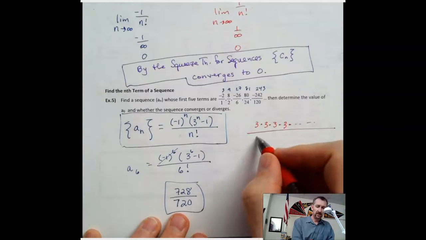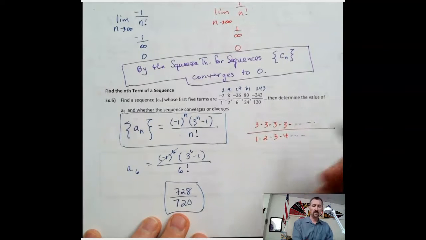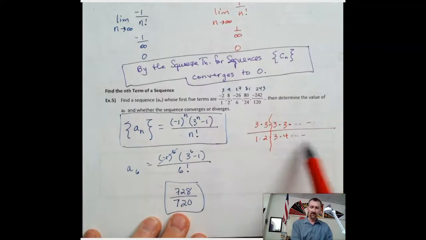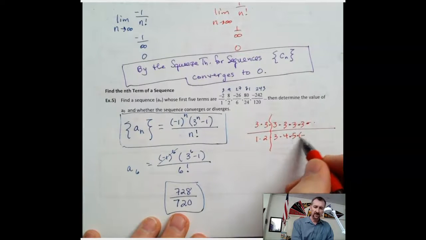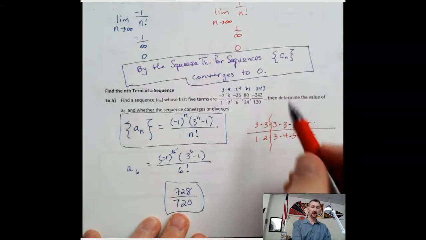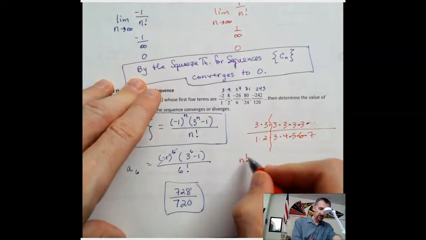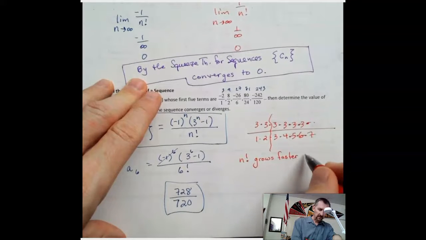And n factorial would be 1 times 2 times 3 times 4, etc. So if you think about it, that's 9 over 2, but after that, we just keep multiplying by 3, but down here we multiply by 5, and then 6, and then 7. We keep increasing what we're multiplying by on the bottom, whereas this is going to stay constant. So this is going to overtake that much more rapidly. N factorial grows faster than 3 to the n.